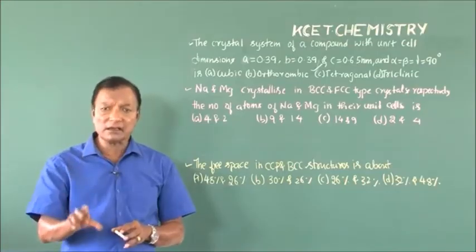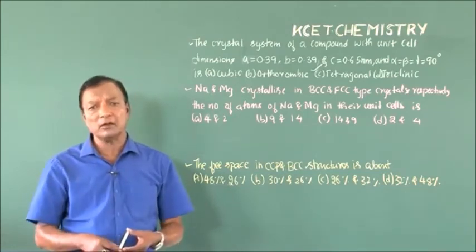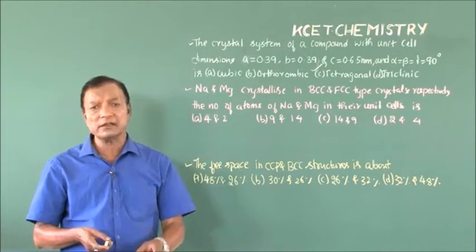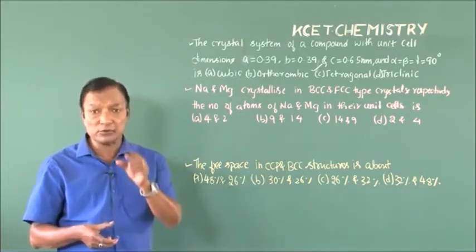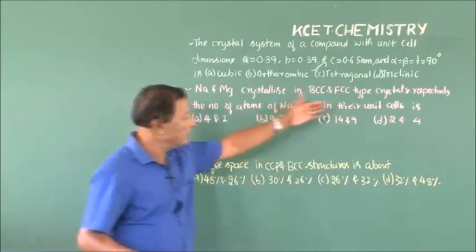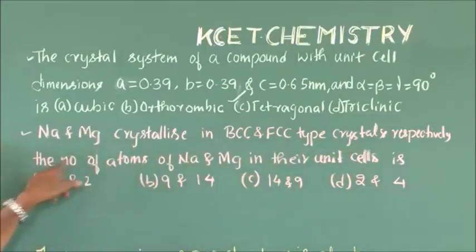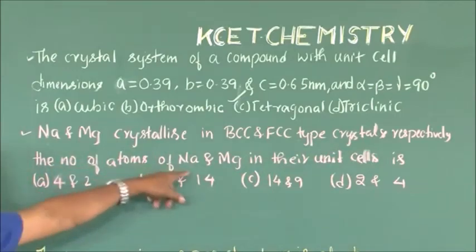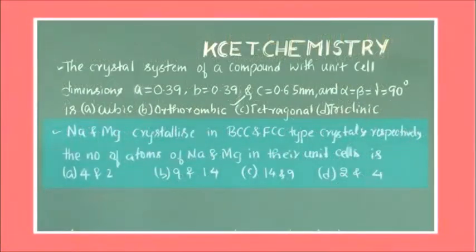And these lattices have their own unit cells, which we popularly call the BCC unit cell and FCC unit cell. And the unit cells of these two metals, the BCC and FCC type crystals, the number of atoms of the sodium and magnesium in these unit cells.